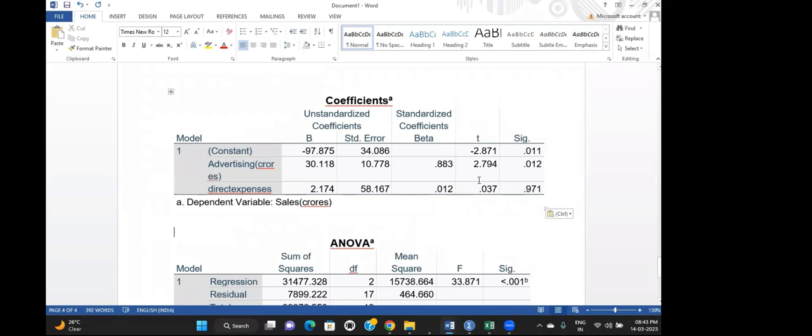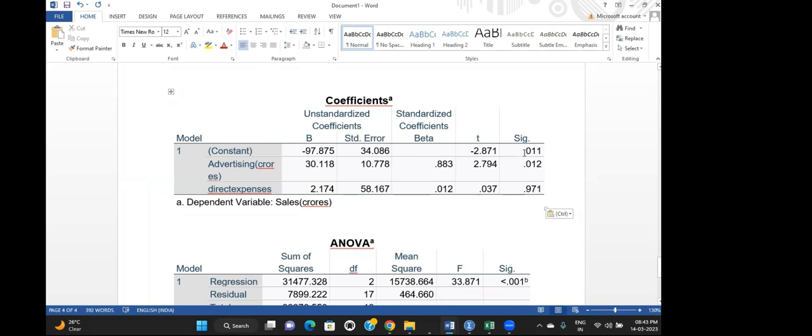Okay, this is the last table. So what does it signify? This is the beta value 97.875, and the coefficient of advertisement is 30.118. Direct expenses coefficient is 2.174. So this is what it shows.